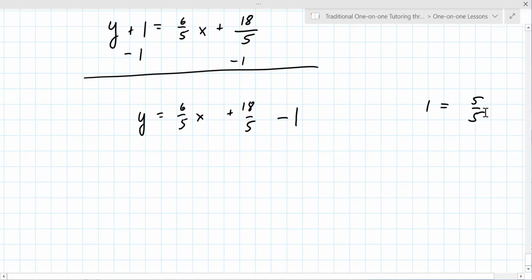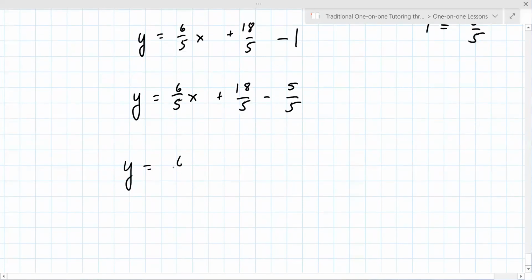Okay. So this becomes 6/5 x plus 18 over 5 minus 5 over 5, and then that would be y equals 6/5 x plus 13 over 5. It's the same as above.